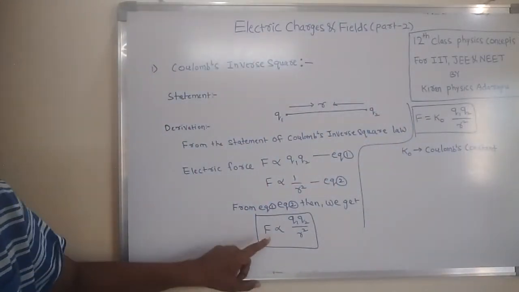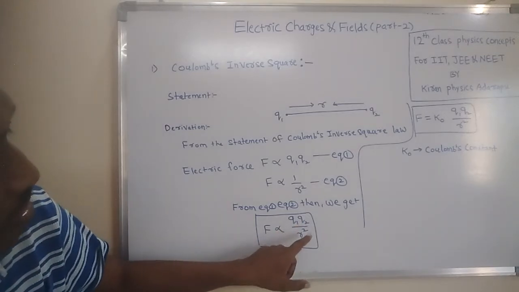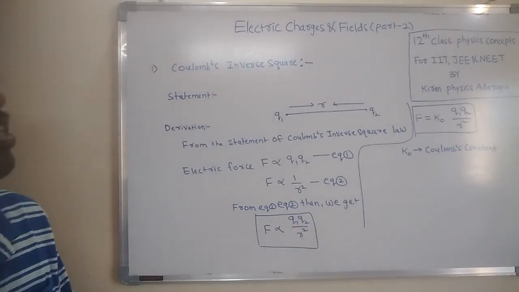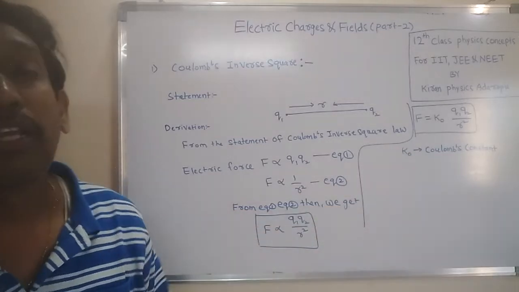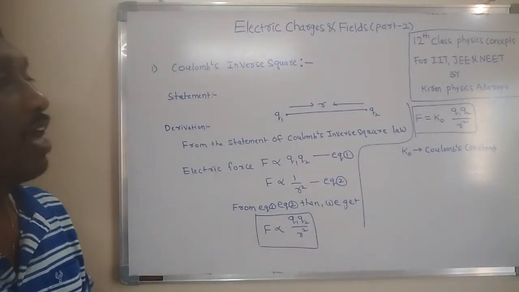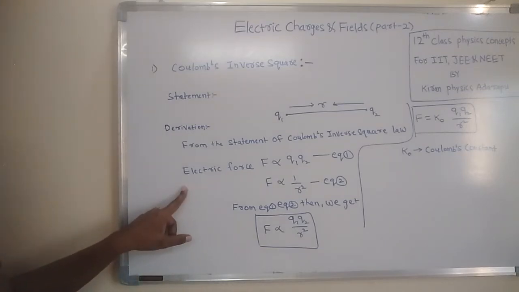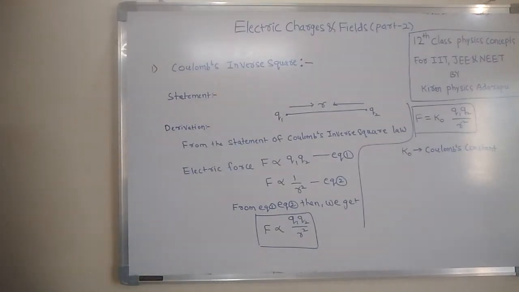From this equation, electric force is depending upon the magnitudes of two charges and the distance between the two charges. And it is also depending upon the nature of the medium. That's very important here. The electric force equation is analogous to gravitational force. Analogous means similar, but with a small difference.